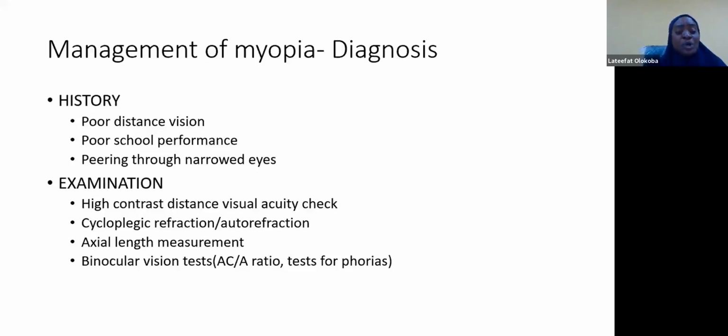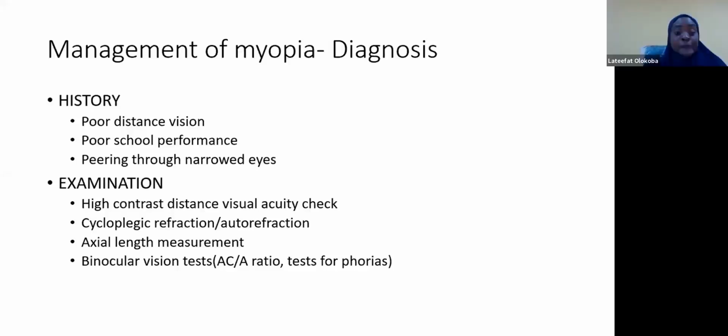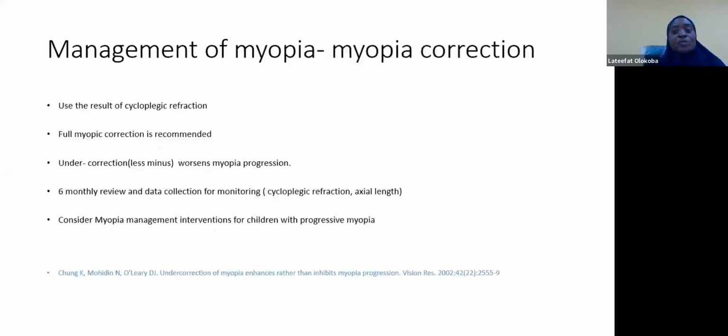Thereafter, they should all have axial length measurements as part of the examination of a child that is myopic. Also, the child should have tests for phorias and accommodation imbalance, as this may also help in better acceptance on behalf of the child.